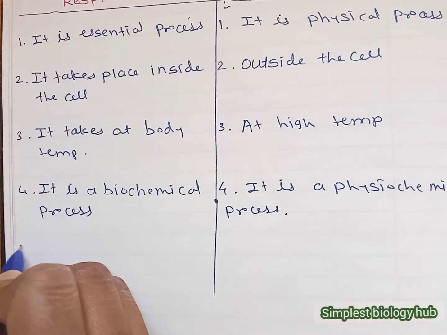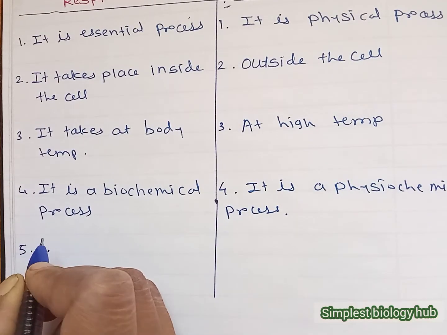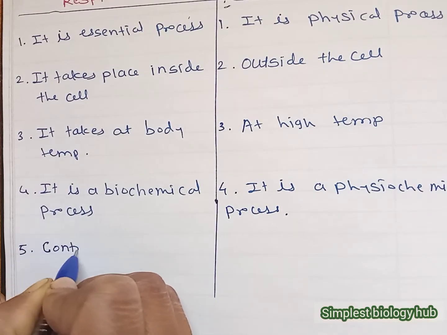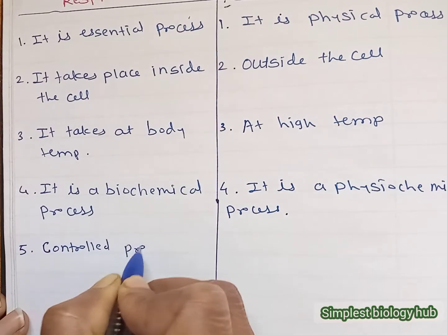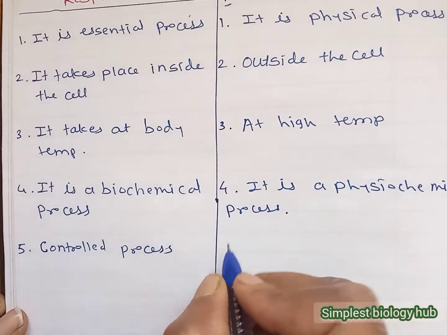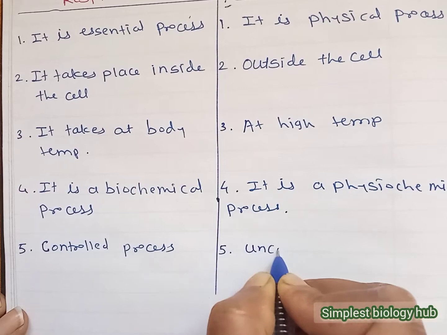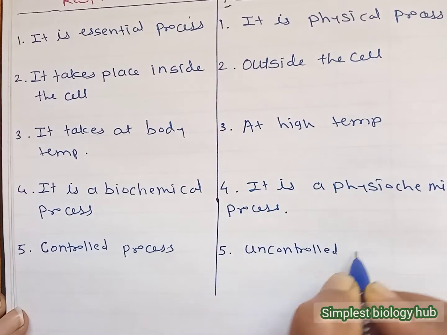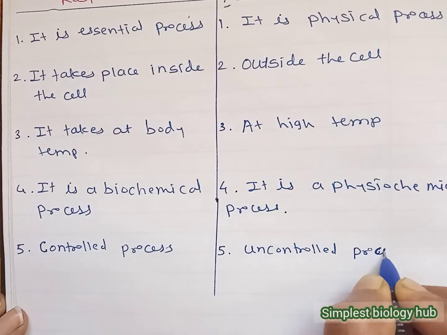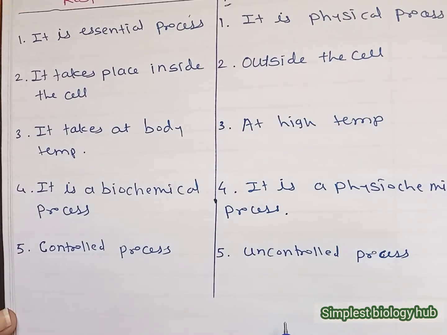When we talk about respiration, it is a controlled process. We can control the respiratory rate, while combustion is an uncontrolled process. We can't control the process of combustion.